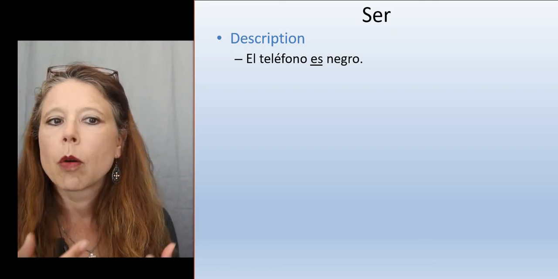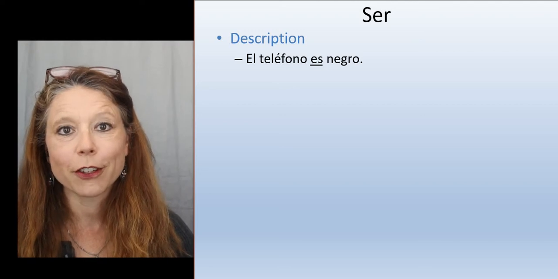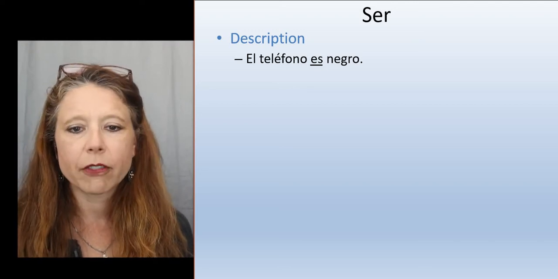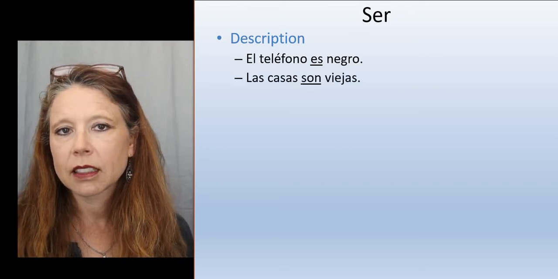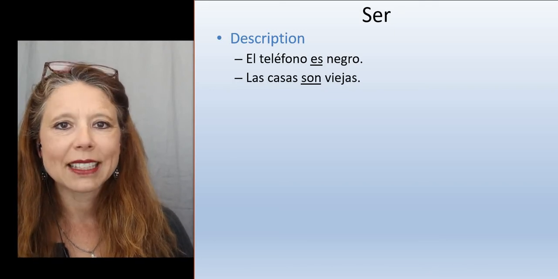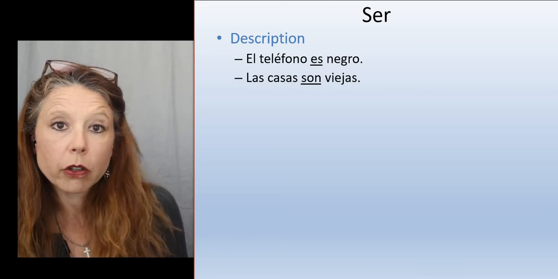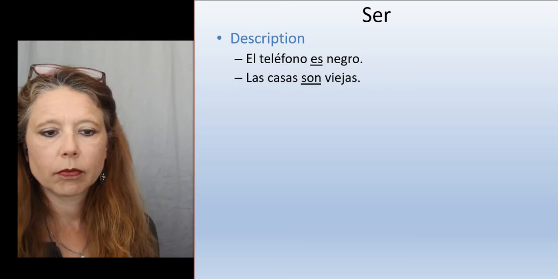That's kind of a permanent trait of the telephone. It's black, so we use the verb ser, not estar. El teléfono es negro. Las casas son viejas. The houses are old. We're describing them, so we say son, not están.